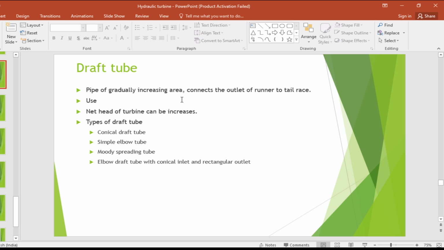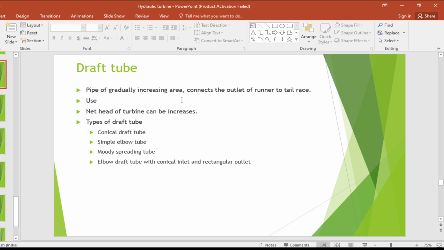That means by using the draft tube we can increase the net head of turbine. So the turbine may be placed above the tail race without any loss of net head, and hence the turbine can be properly inspected. This is the first purpose of this draft tube.